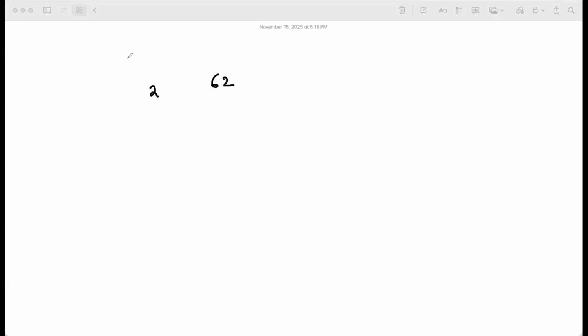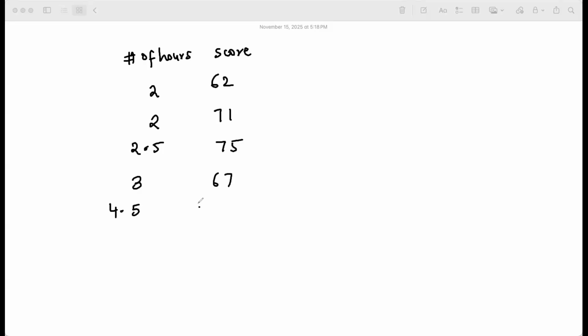So, number of hours I studied for a test, and the score I got. Those are the two values I'm giving, meaning two different XY values. It's a practical value, so it may not form a straight line. But then you can find the equation of the line of best fit.